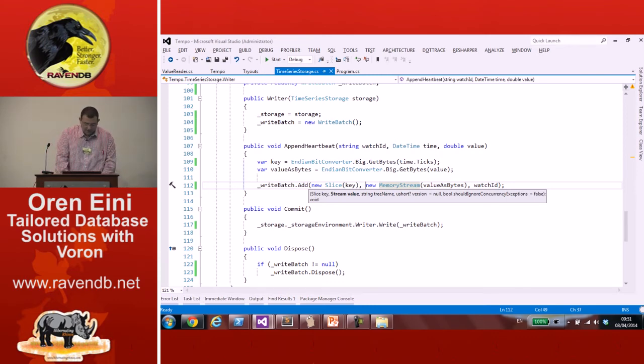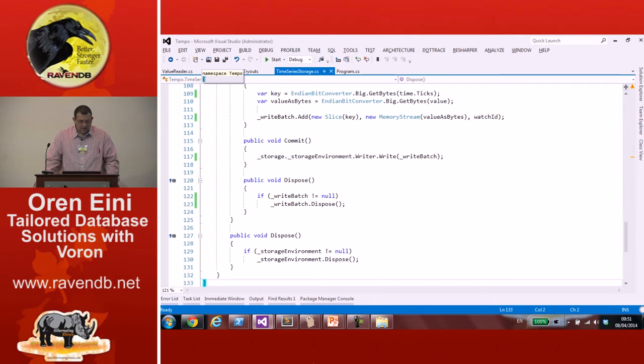By the way, just for fun, it's very common to have a single logical value be in multiple trees for various reasons. It's also very common to have secondary indexes as other data.